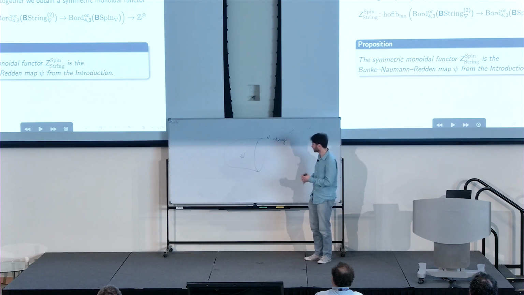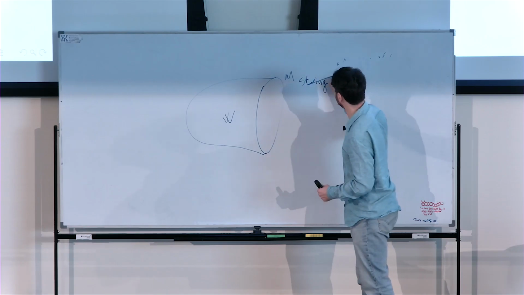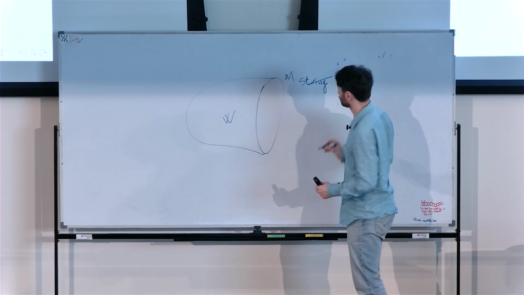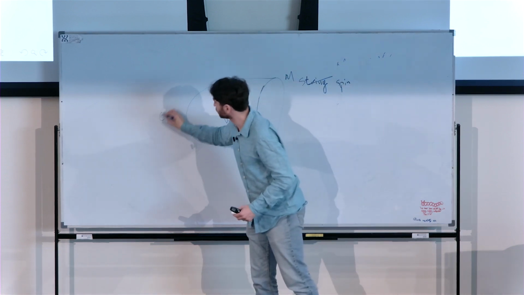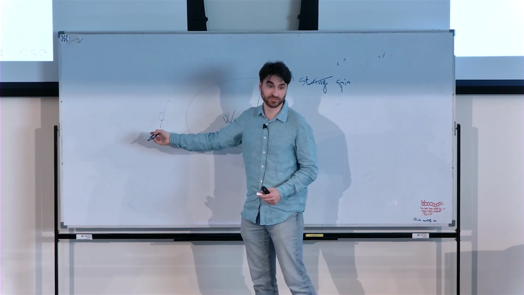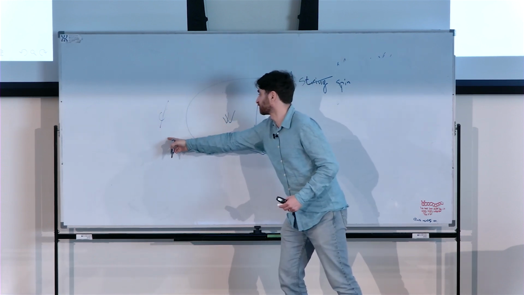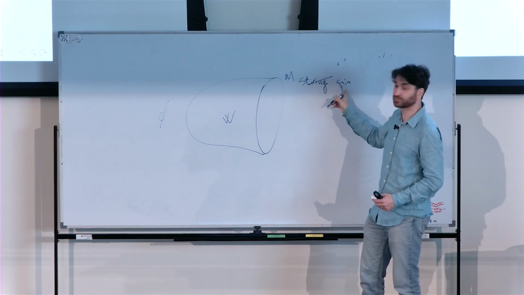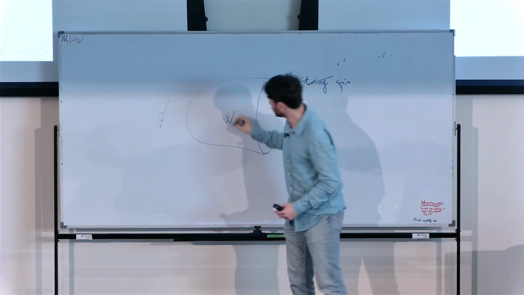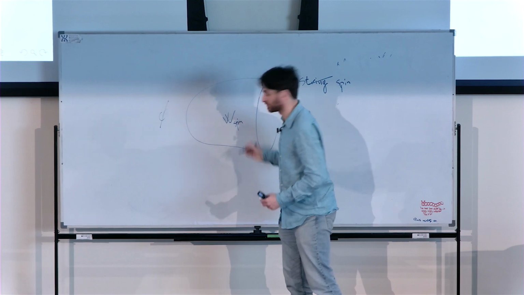Now this has become a spin manifold. And I'm looking at a morphism between the unit object in spin bordism, from the empty set to this, in the category of spin manifolds. So this W has to be spin.